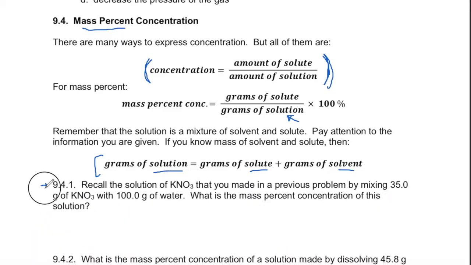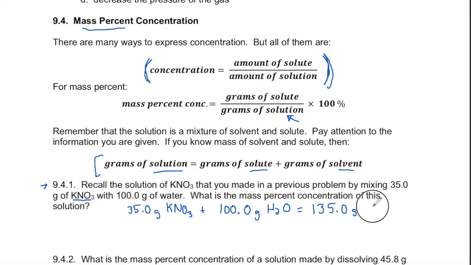So this first problem here, we are told the amount of potassium nitrate and the amount of water. We're told that we have 35 grams of potassium nitrate mixed with 100 grams of water. So the amount of mixture that we have is not 100 grams. The amount of mixture, or the amount of solution that we have once it dissolves, is 135 grams of solution.